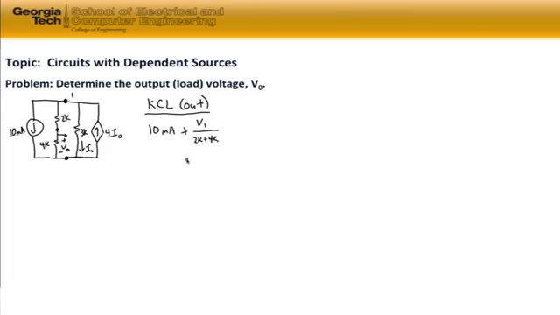We also have the current through the 3 kilo ohm resistance, which is I sub 0. It's going to be V1 divided by 3 kilo ohm. And on the right-hand side of the circuit, we have a current flowing into the top node, which is going to be 4I sub 0. And so that's all the currents at node 1, and the sum of those currents at any instant in time is going to be equal to 0.